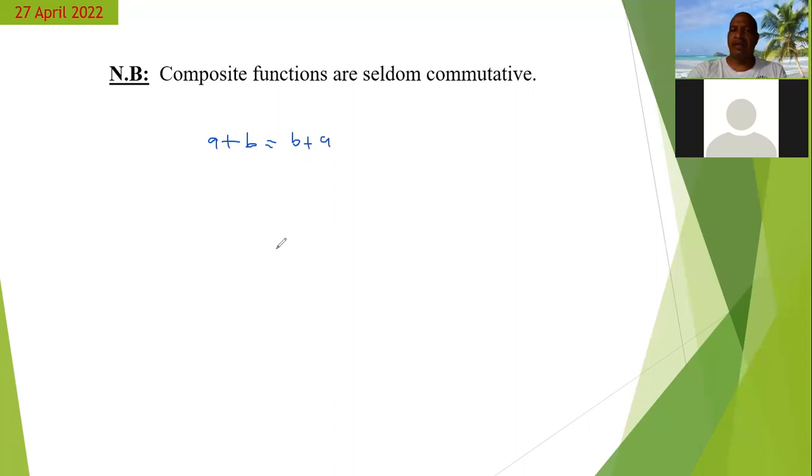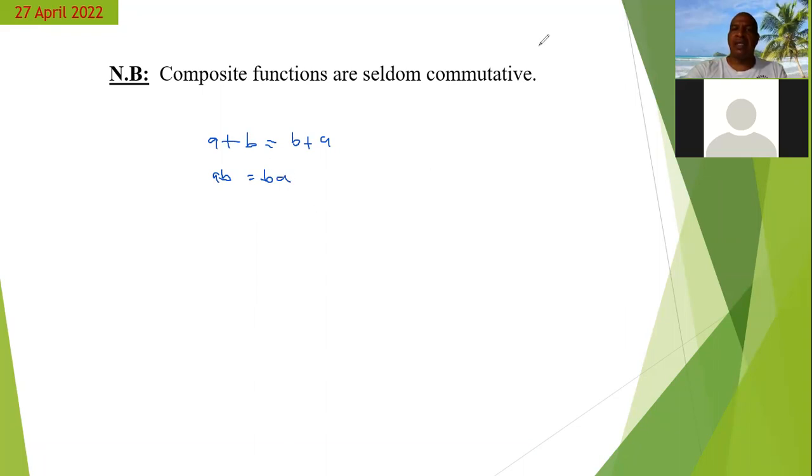So the order wouldn't affect the result. Likewise for multiplication, A times B is the same as B times A. All right, so that's the commutative law.